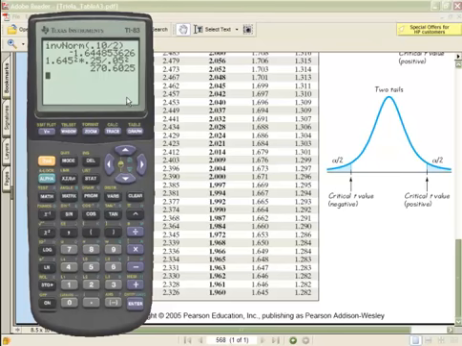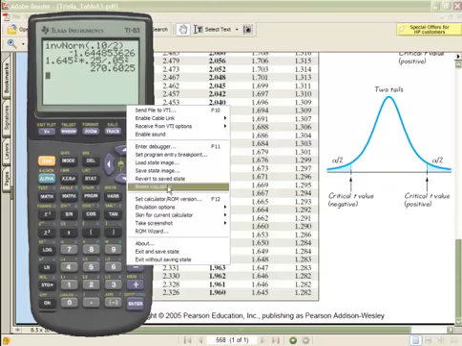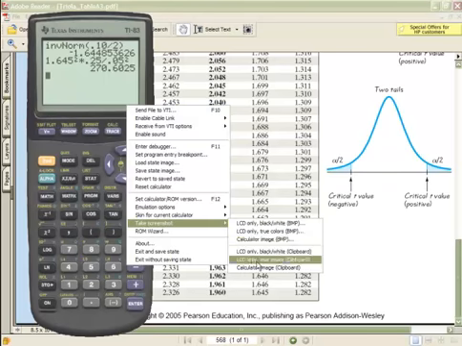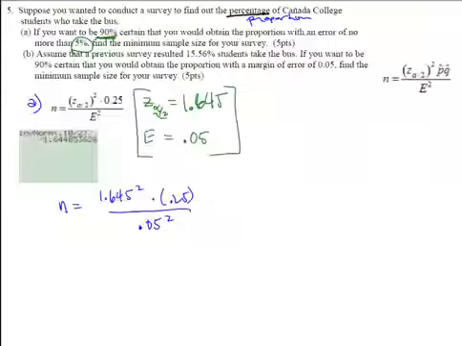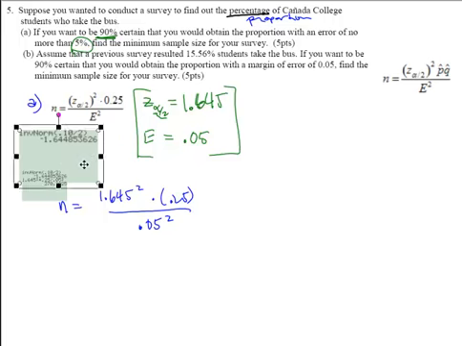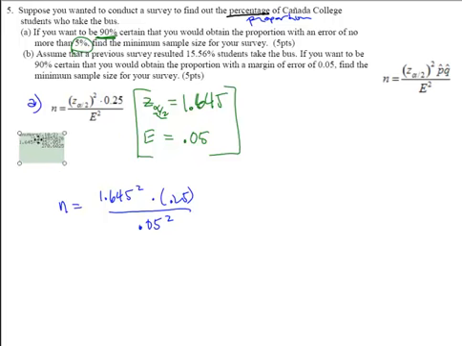So let's take the screenshot again. Actually, it's better if we just keep this screenshot and take the other one out. So this is our answer.